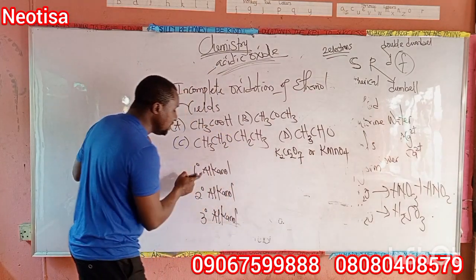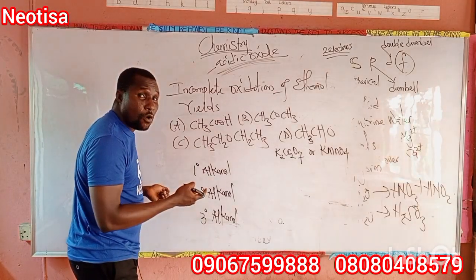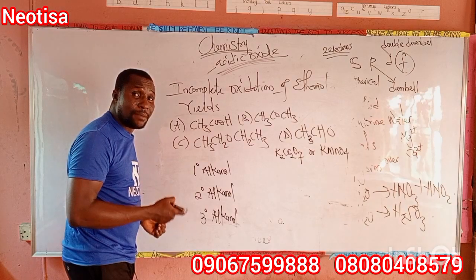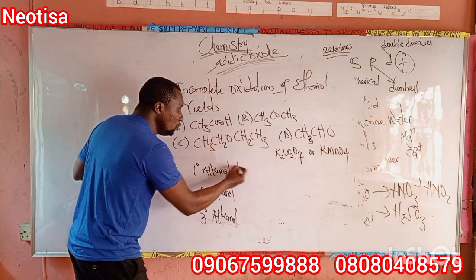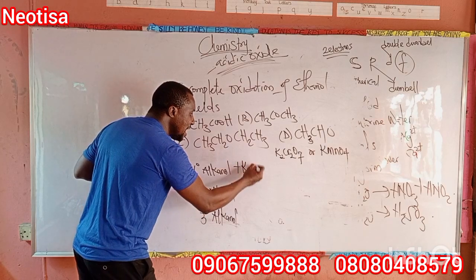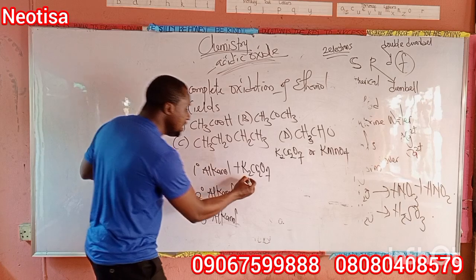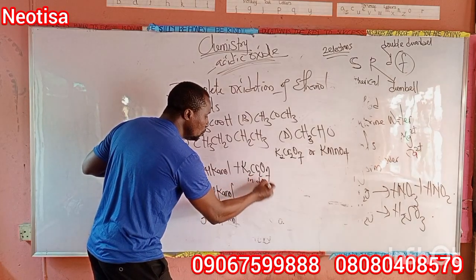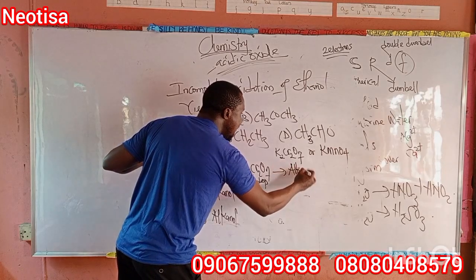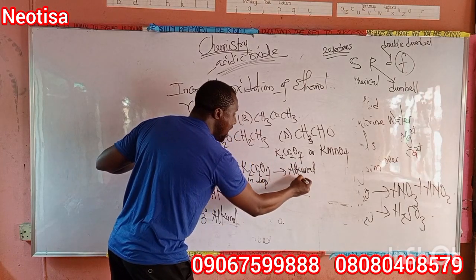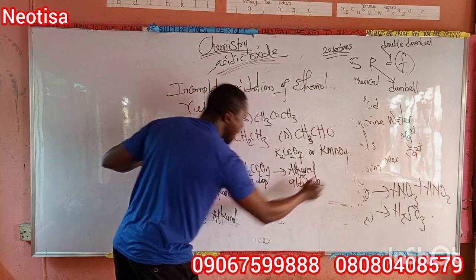Ethanol is an example of a primary alkanol. If I oxidize a primary alkanol using K2Cr2O7 or KMnO4 in drops, I will have alkanal, another name for which is aldehyde.